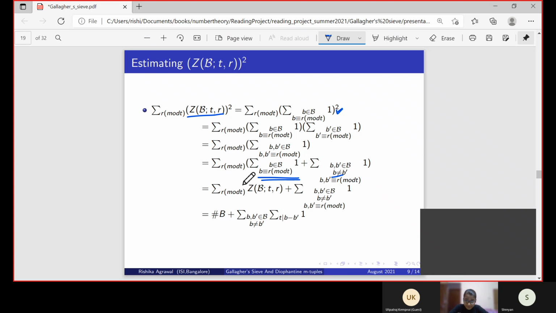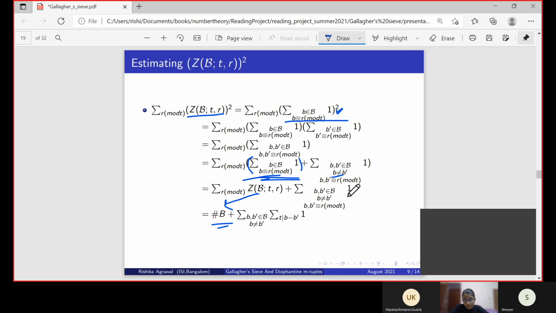Observe this first set is the same as Z(B, t, r). So the part where b and b prime are equal yields the summation over r mod t of Z(B, t, r), and we know the summation of Z(B, t, r) is the size of B. So again, we have reduced the number of variables and reached what we wanted to estimate.